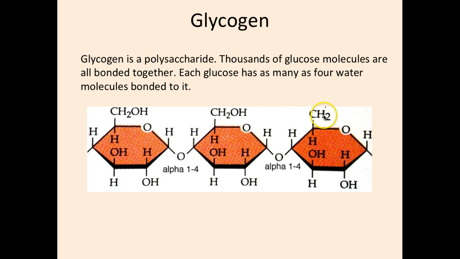And you can see from the two H's and the O that we have one water molecule right here. We have another molecule here. Generally, there'll be as many as 4 water molecules bonded within each of these glucose molecules to construct the glycogen.